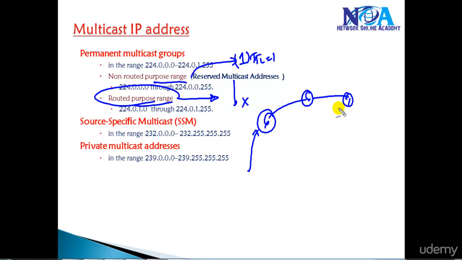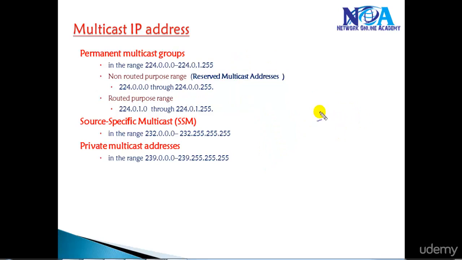Again, these are reserved for some protocols, like the addresses 224.0.1.39 and 40, which are reserved for PIM RP messages. We'll talk about PIM RP, the rendezvous point, in more detail in the next classes, but it's one kind of multicasting as well. We call those address ranges the routed purpose range.